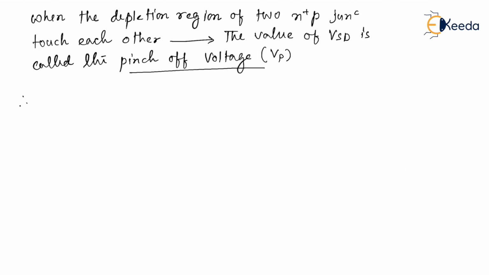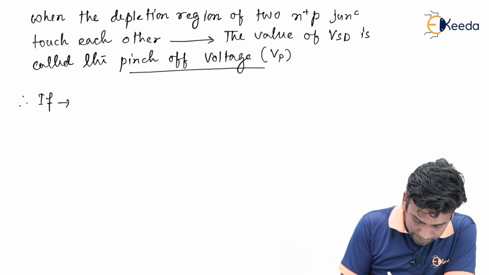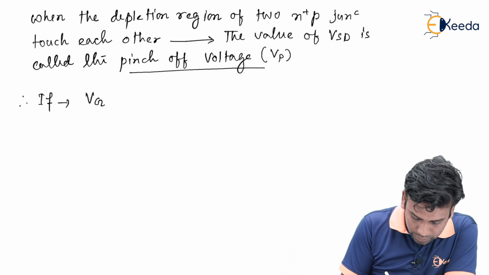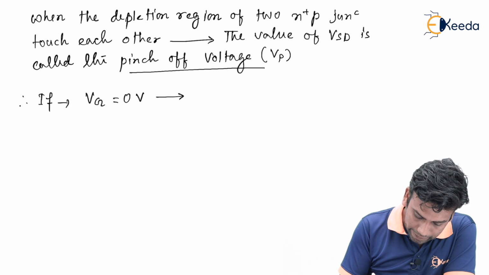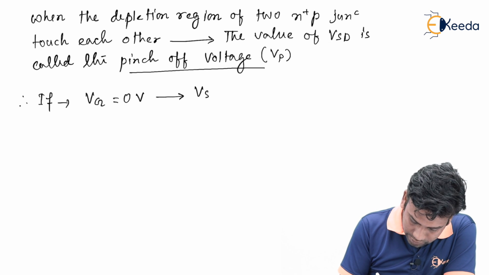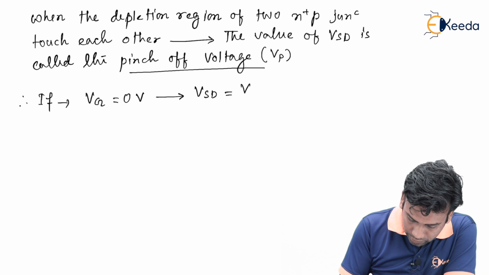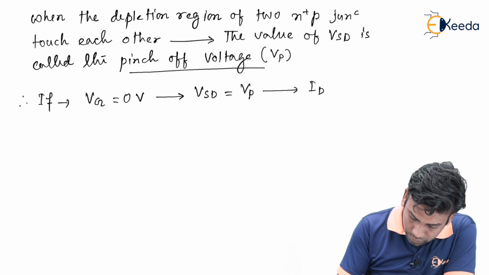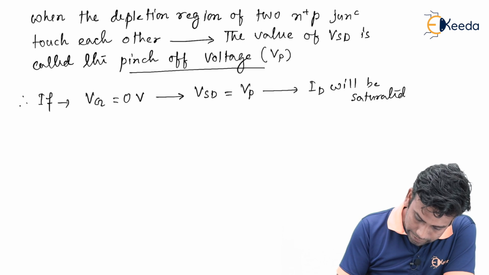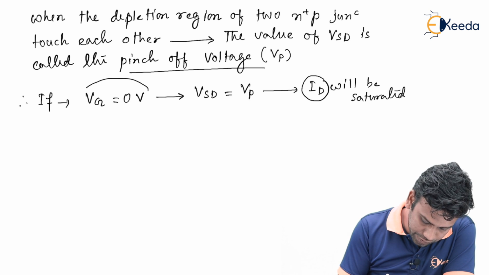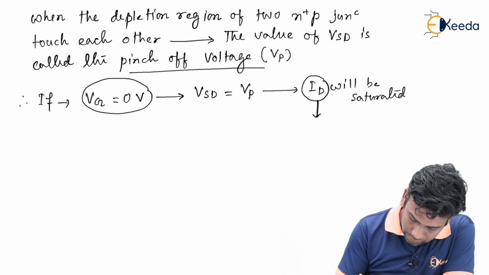Now, if we apply a gate voltage Vg equals to 0 volt, then we have seen that for VSD equals to Vp, the ID value will be saturated, and this ID value at Vg equals to 0 volt is called the IDSS.